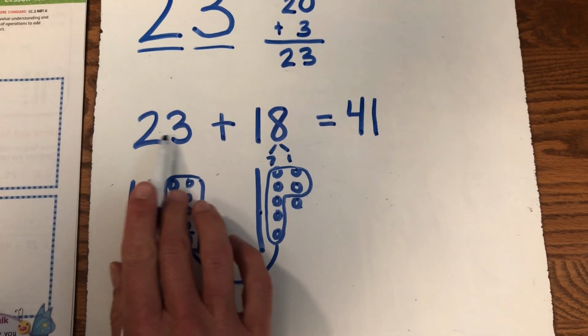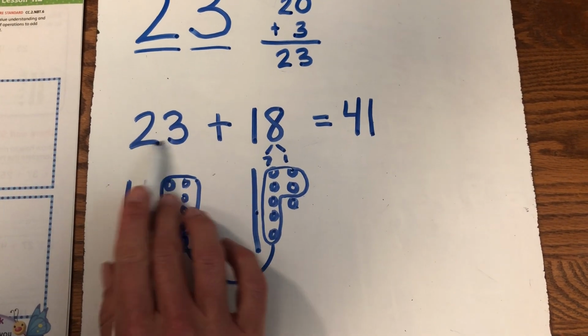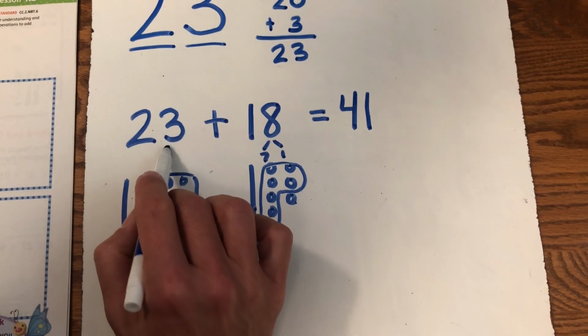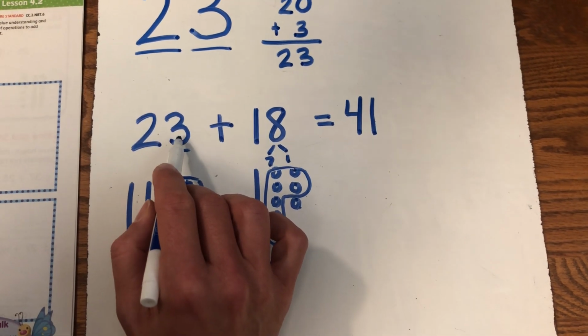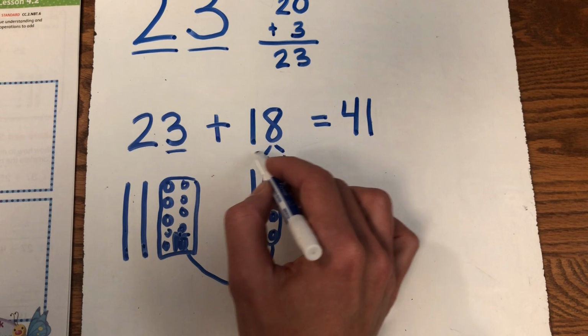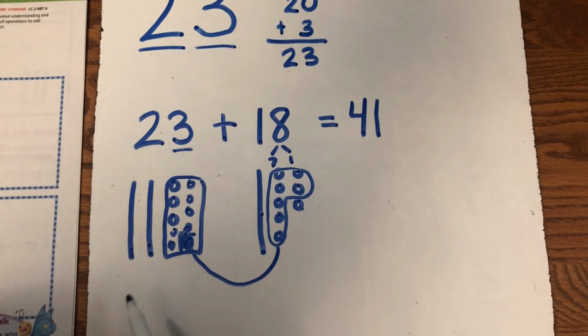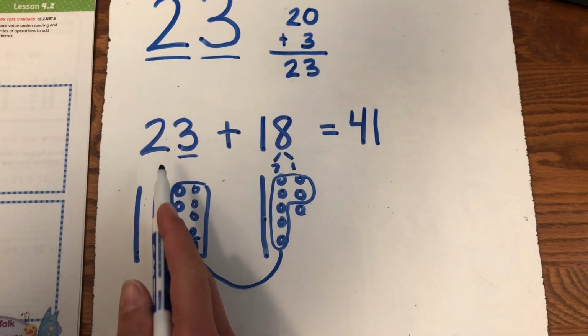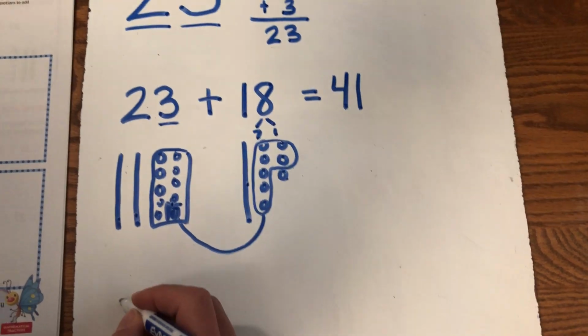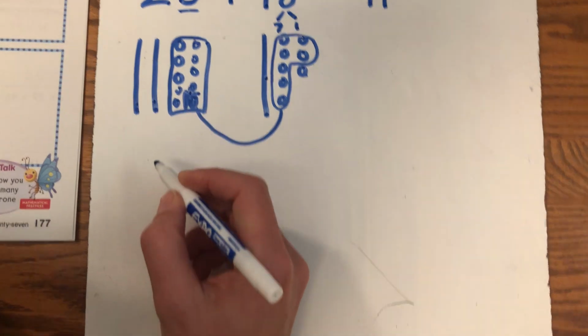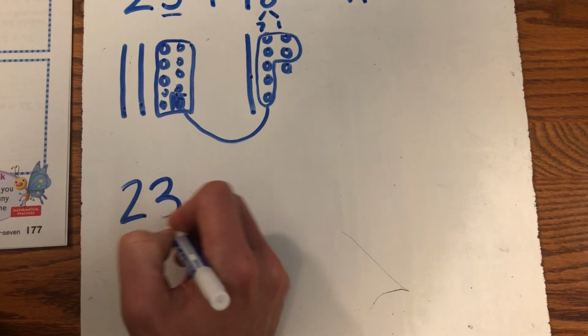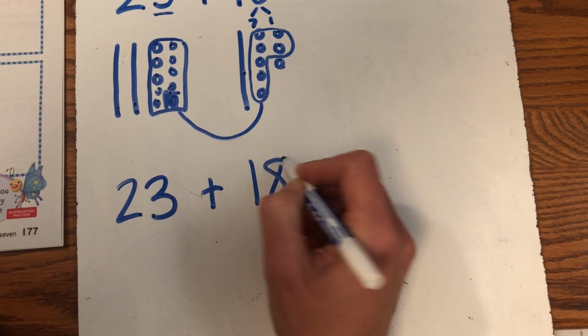Now that's how we've been doing it, friends, so far. We've been looking at this first number 23, looking at this 1's digit and trying to figure out how I can borrow from here to make a 10 over there. But what would happen if it would be a switcheroo? Let's just say this time 23 plus 18.